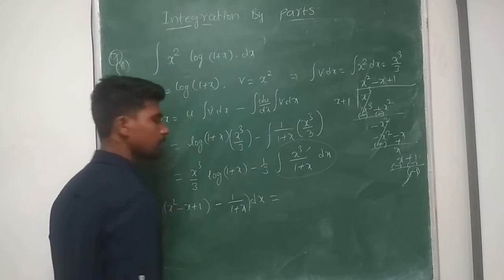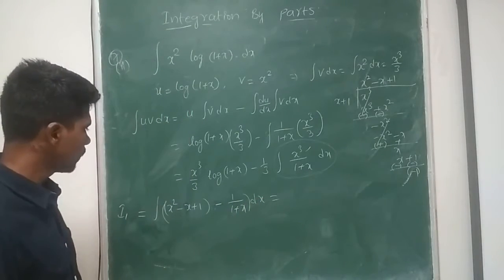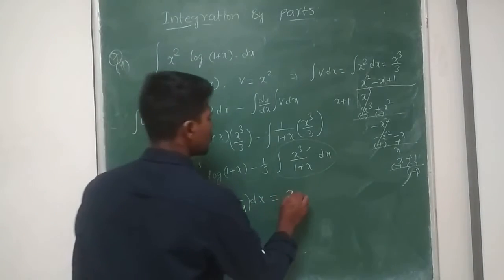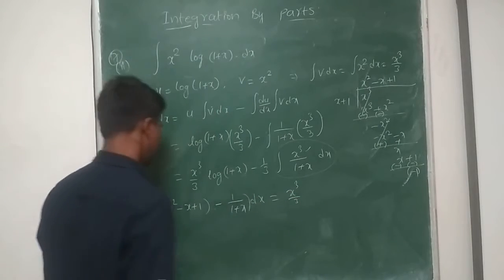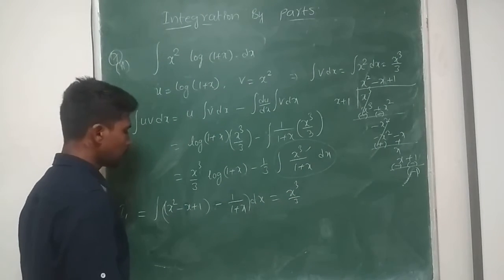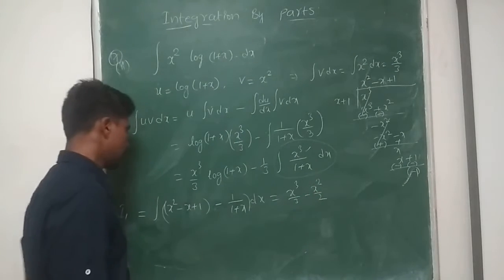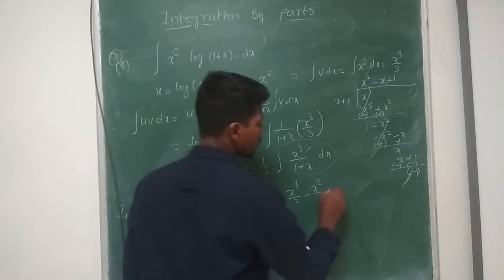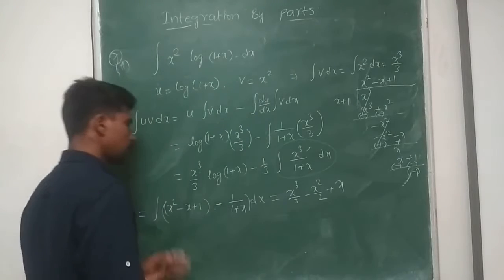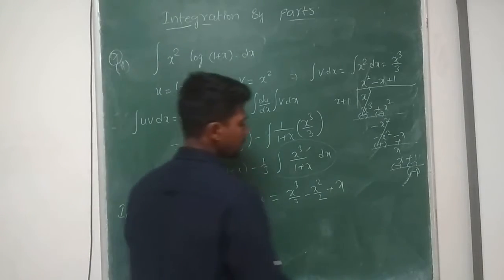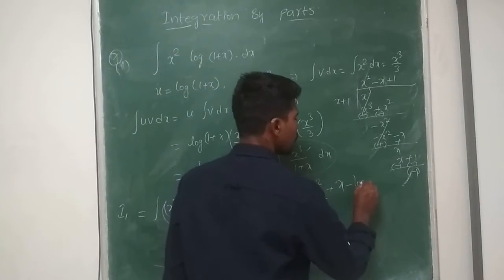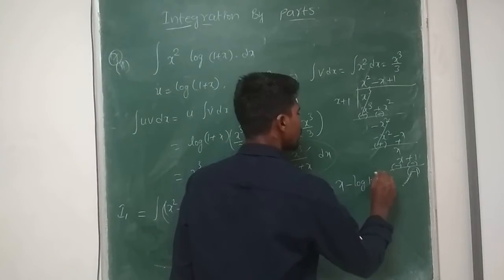So what is the answer? Integral x square is x cube by 3, minus x square by 2, plus x, minus integral 1 by 1 plus x, which is minus log modulus of 1 plus x.